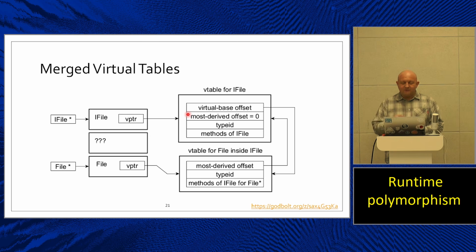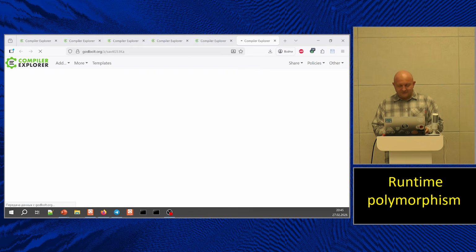When you perform a virtual call or access a member through a reference to a virtual base, the compiler may need to load a pointer from the object, follow it to the virtual table, read an offset, adjust the pointer, and only then access the field or call the function. Even at high optimization levels. Let me show you this example. It is truly interesting.